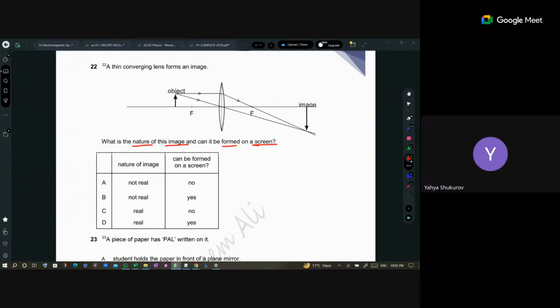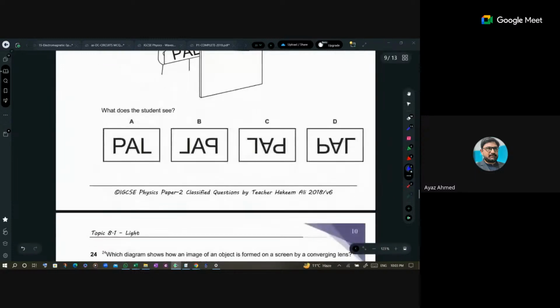Real, because this is due to the intersection of actual light rays. So non-real is gone, so this is real. So can a real image be projected on the screen or not? Yes, it can. So that is the real image which can be projected on the screen.